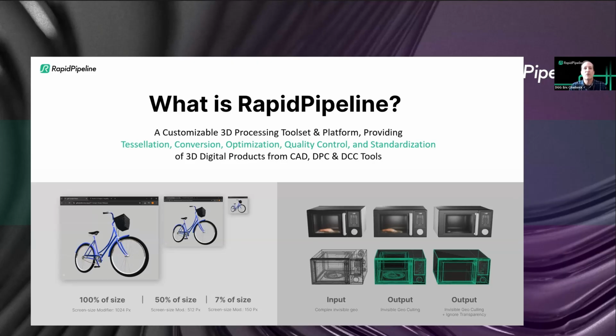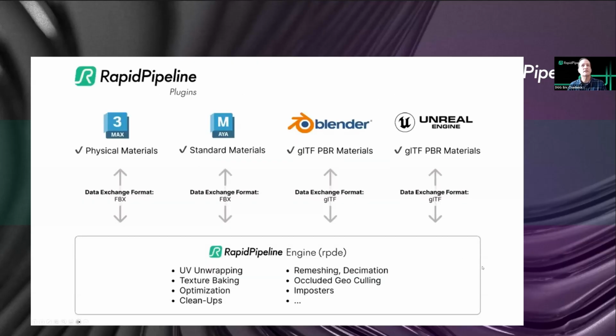It has to be super performant, and CAD assets generally are not performant. They're made to be really high res for manufacturing purposes and design review. So it's a really different kind of need for rendering and real time than you need for CAD. So we're going to talk about that today and how to take your assets and do the processing you need to get them in the right format.